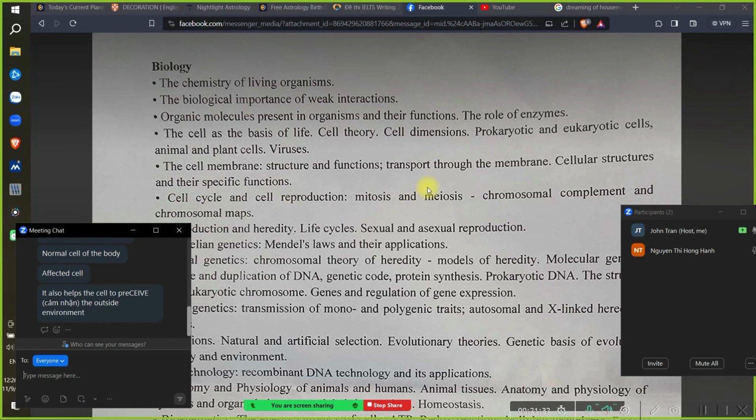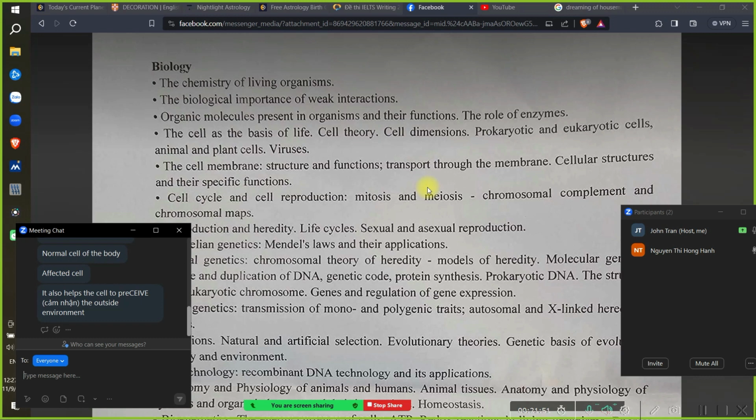Okay, let's move on to the next one. Transport through the membrane. How many different types of transport are there and what molecules are transported? I think I already told you about this one.